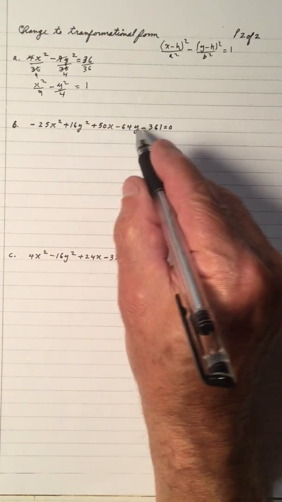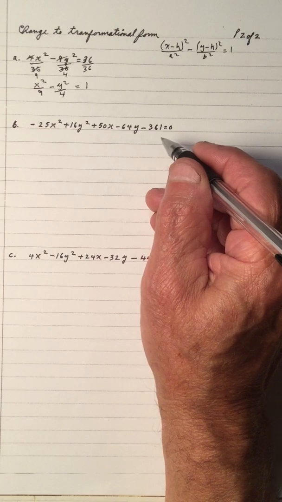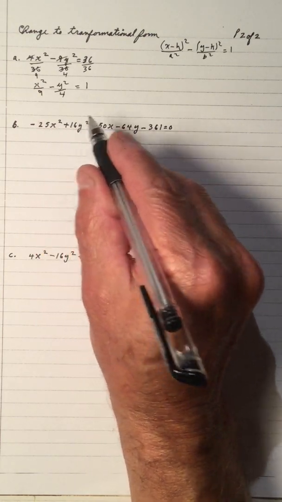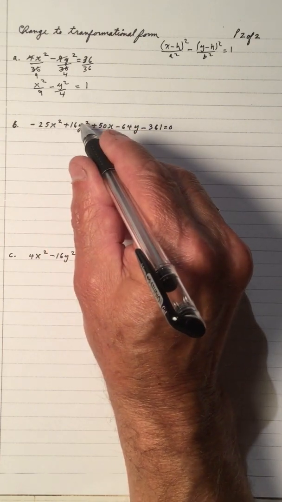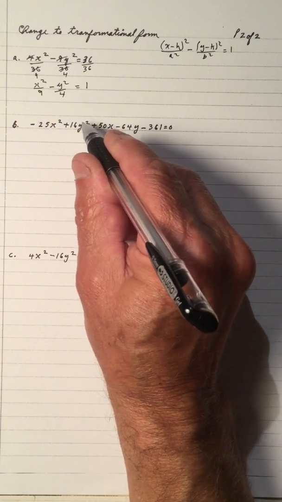And this next one has no fractions, but we have to put the squared terms first, x squared, y squared. Because the x is negative, I like to work with the y first.